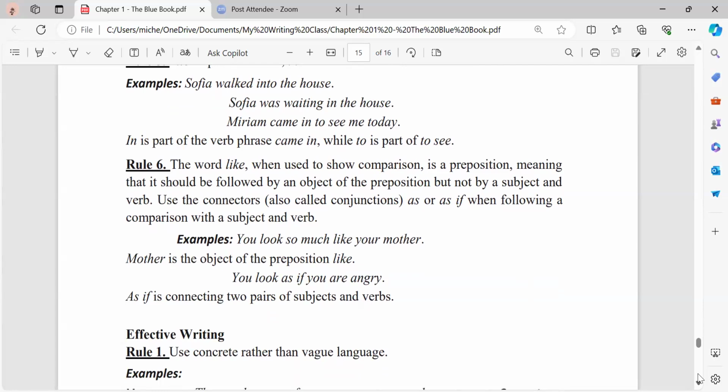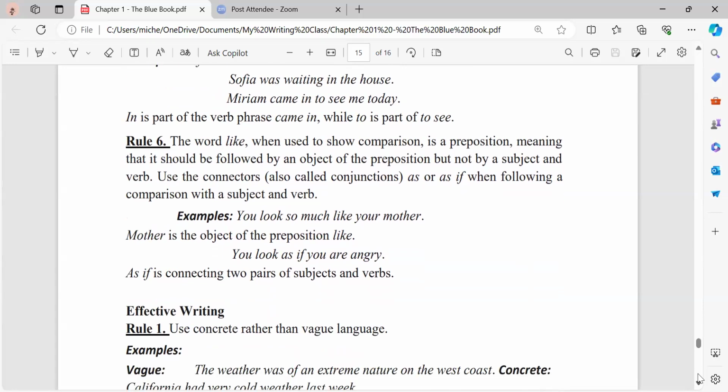Now we are going to the next rule. Rule number six: the word "like", when used to show comparison, is a preposition, meaning that it should be followed by an object of the preposition, but not by a subject and verb. So use the connectors, also called conjunctions, "as" or "as if" when following a comparison with a subject. So: you look so much like your mother.